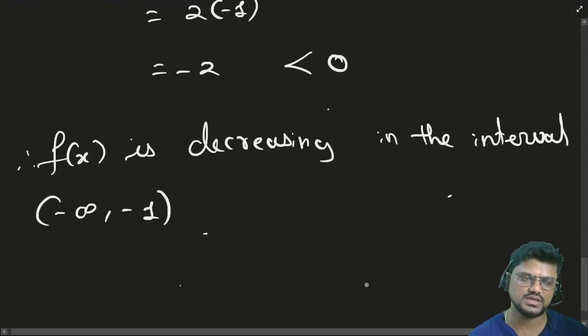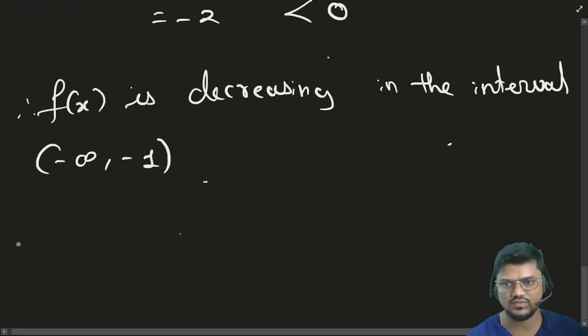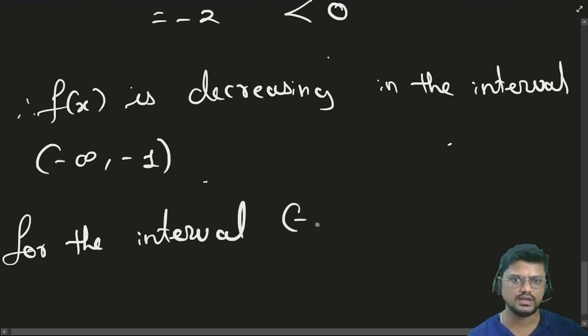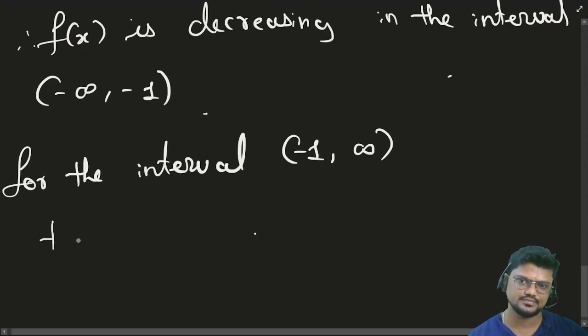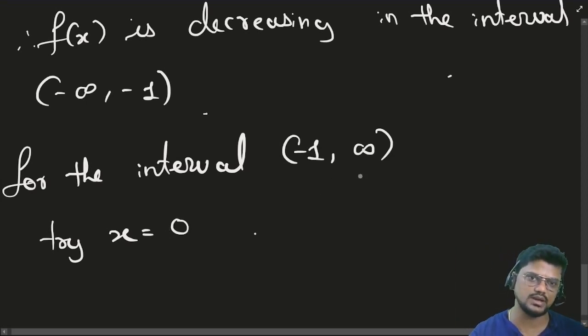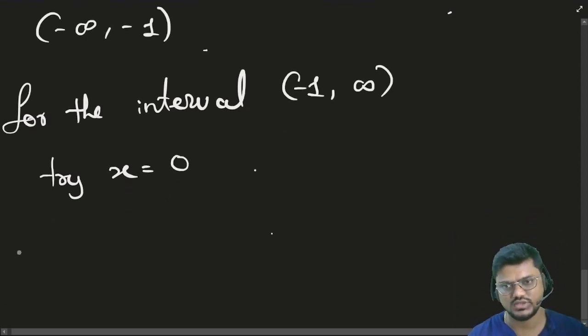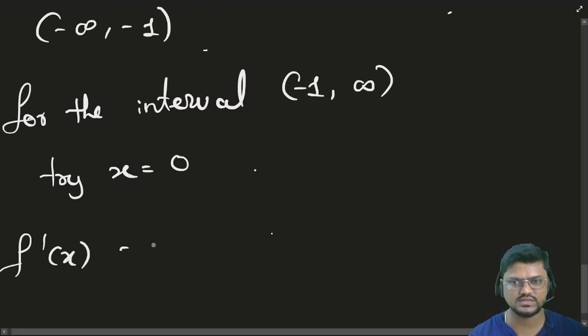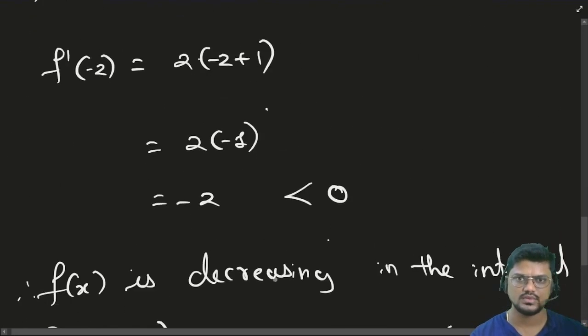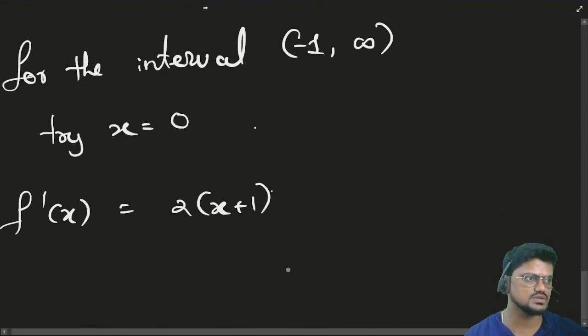Now let us check for the interval minus 1 to infinity. You can try anything. Let's try x equals 0 only, because 0 is an integer that lies between minus 1 and infinity. What is your f dash of x? That is 2 into x plus 1.